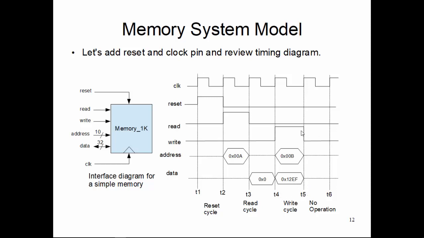So I'm free to make it a read operation here, making the read signal high, keeping the write signal low, presenting a new address here, and that read operation will be followed between T6 and T7 by the data being presented from the memory. So essentially I can do a read request immediately following a write operation.